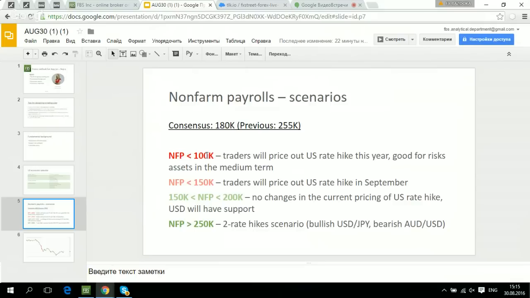And if NFP comes below 100,000, then it will undo all commands of the Federal Reserve members, all the hawkishness about the Fed and the US dollar, and we'll see that traders will price out US rate hike this year, both in September and in December.